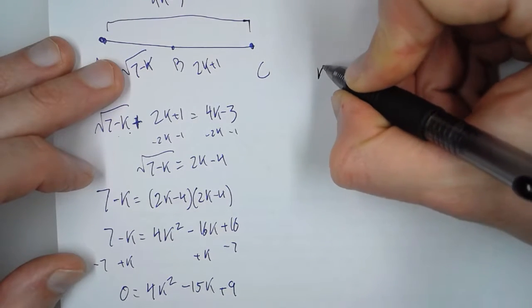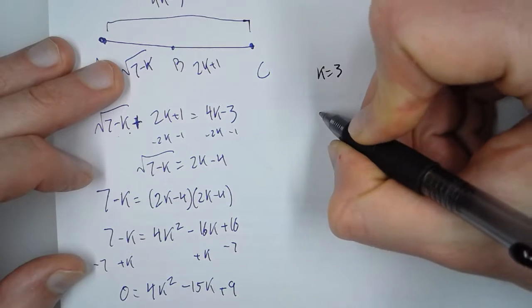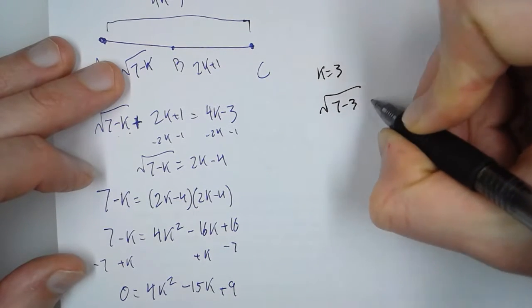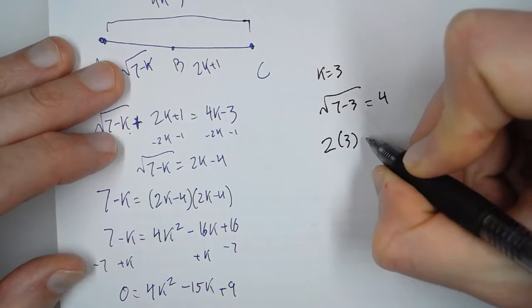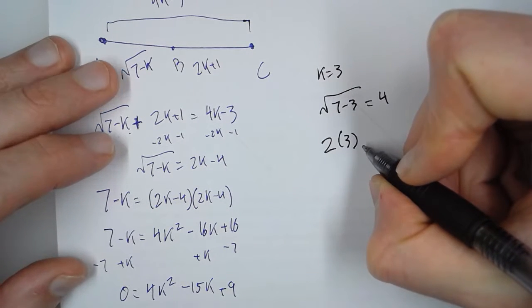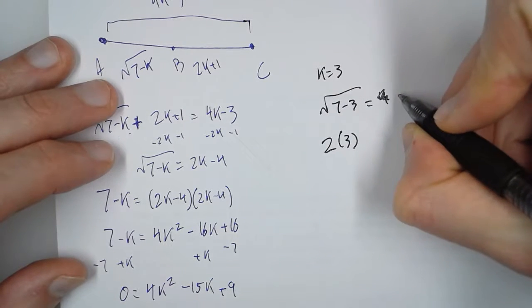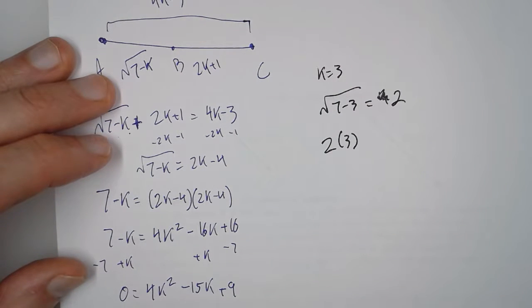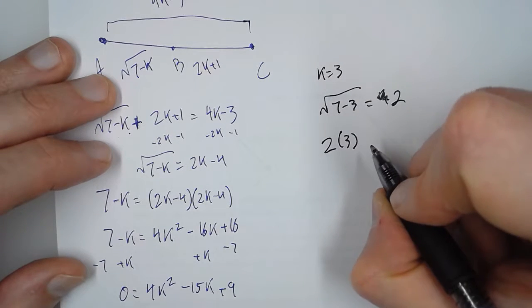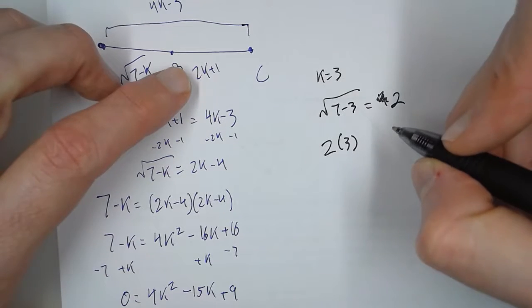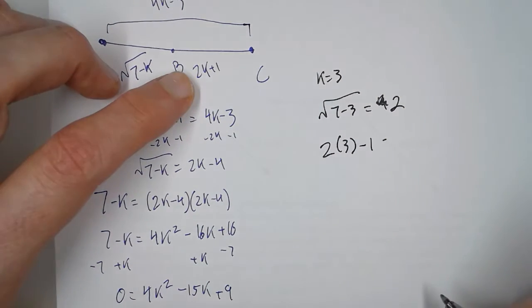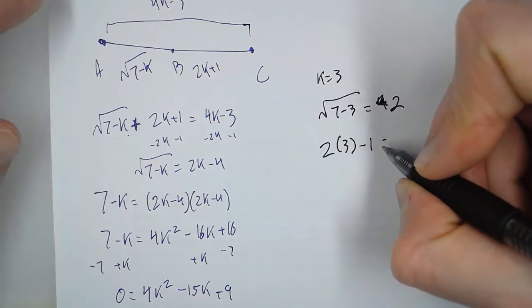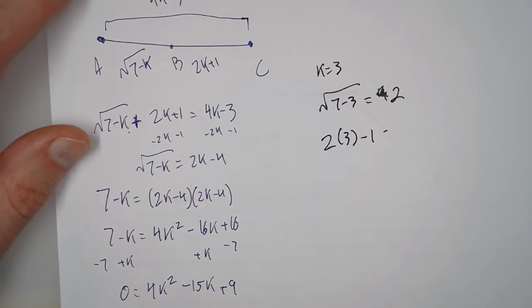So if we plug in 3 for k, we get square root of 7 minus 3, which is 4. And we get 2 times 3 minus 4, whoops, that should be 2. There's my mistake.